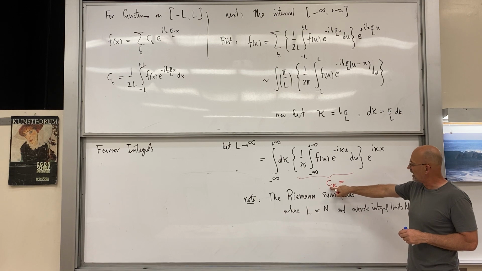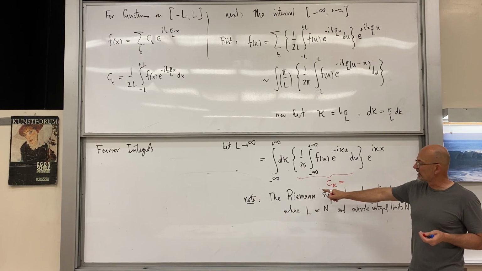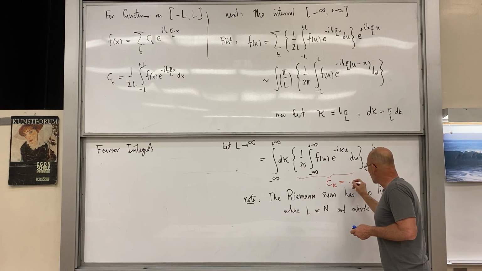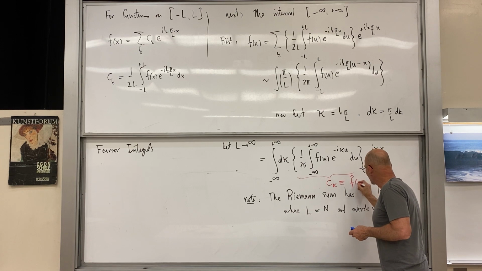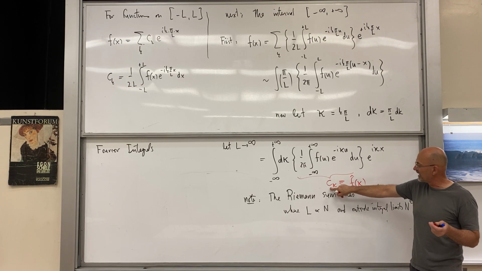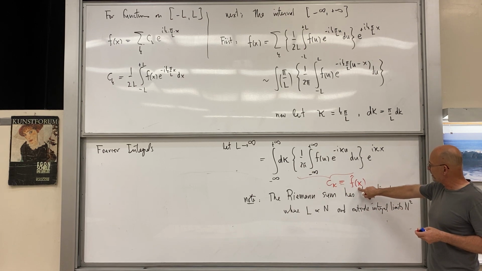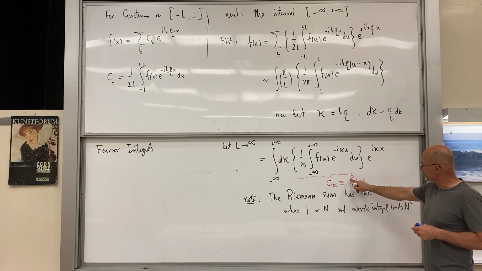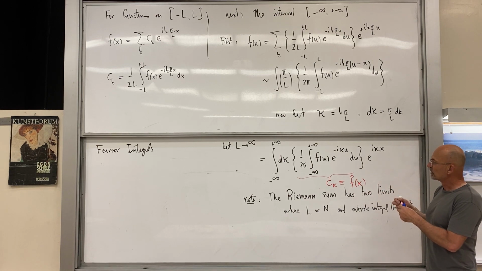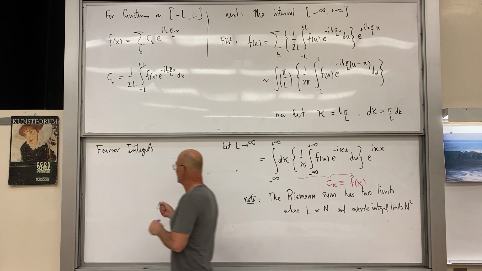So this constant, what used to be a Fourier coefficient up there, c sub k, we can also call it the function with a hat of kappa, because this is now a function of kappa, which we're going to call k in a moment. It's related to the original function f, so we're going to call it f hat. Okay, so let's go ahead and write these down.